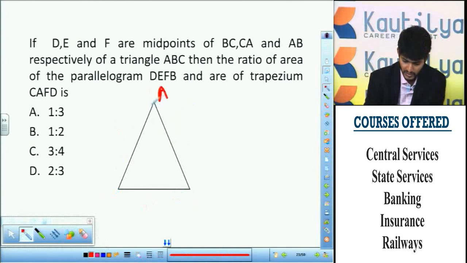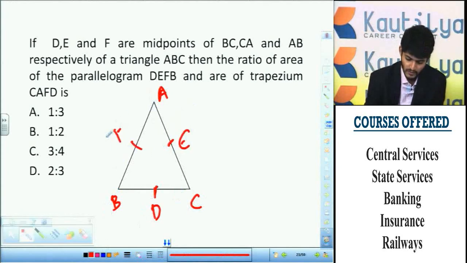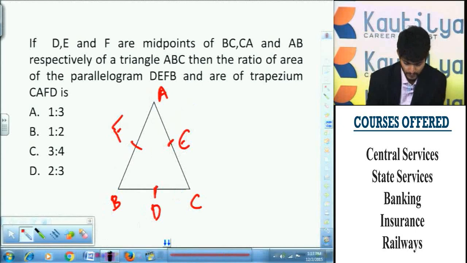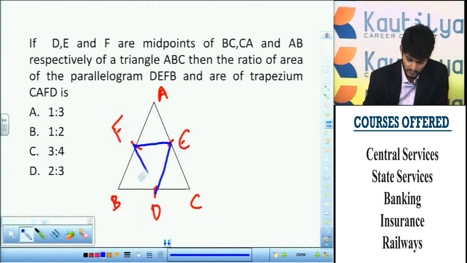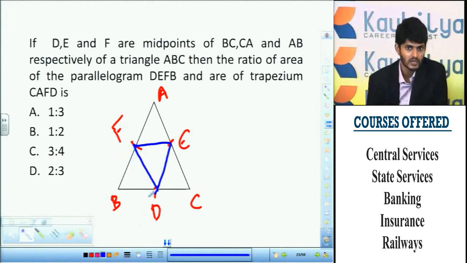Let us say these are ABC, and you have D, E and F. He is speaking about a parallelogram DEFB, so let me draw this DEFB. Suppose I join this, as you can see, the given triangle is divided into 4 equal triangles because all these sides are half of the individual sides. So all these 4 are equal triangles.